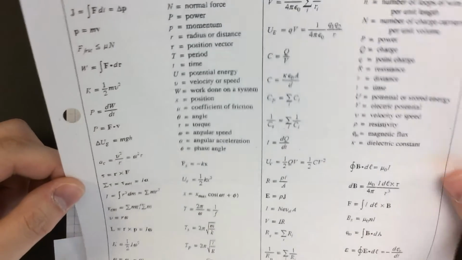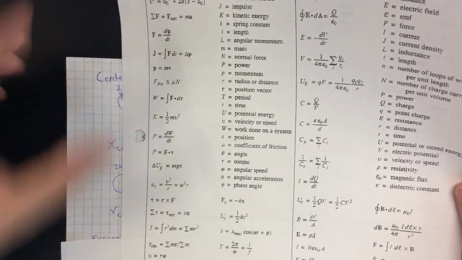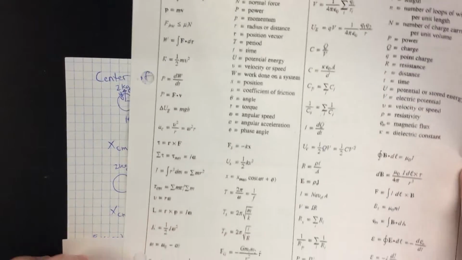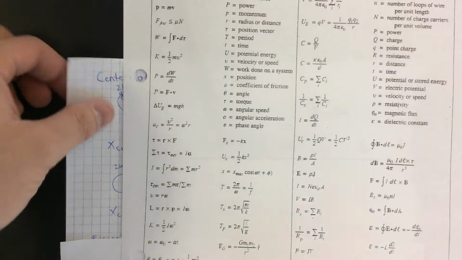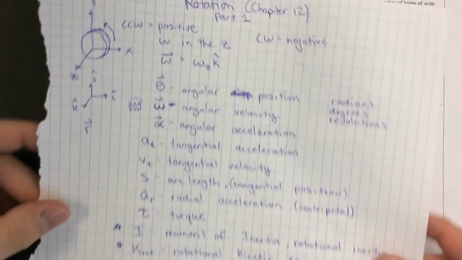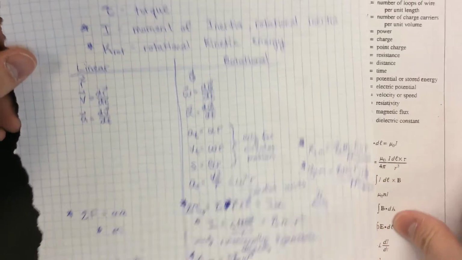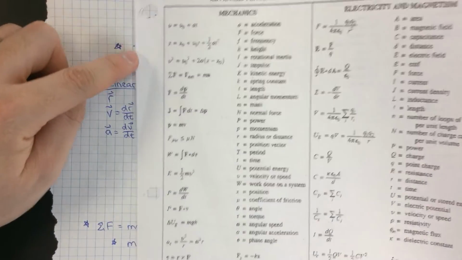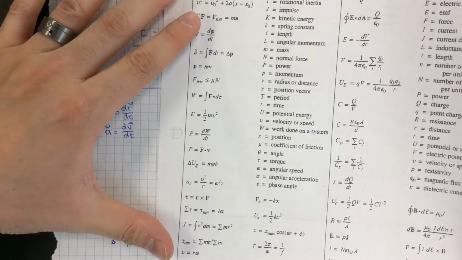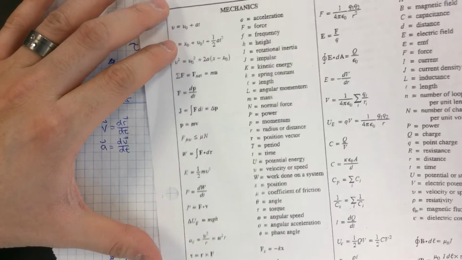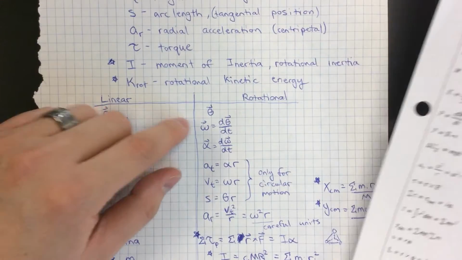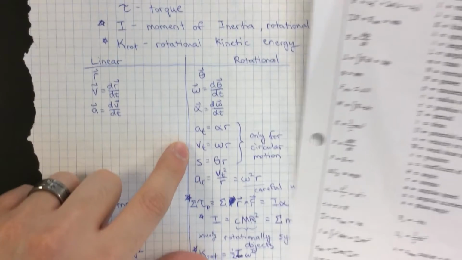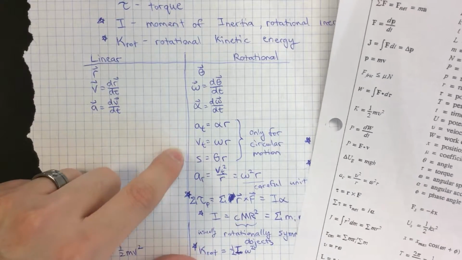There are a couple other rotation equations I forgot to bring up that don't show up on here. So going back real quick, looking at the equations, they don't have any of those. Those are definitions. You see nothing in here talks about alpha or omega. So you need to know that these ones, they don't have all of these either.